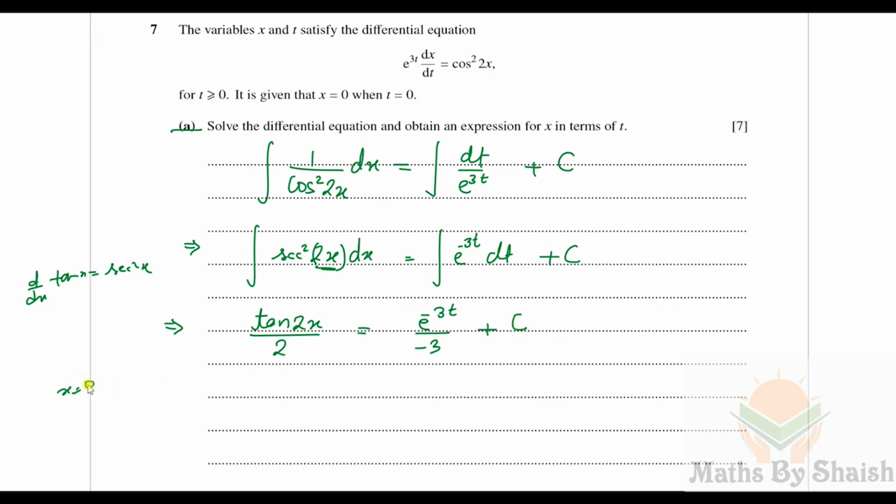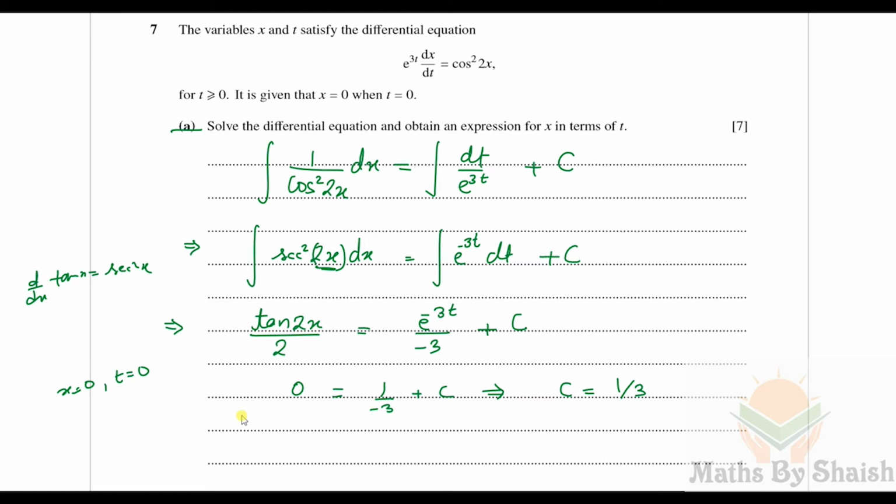Now we'll put x is equal to 0 when t is equal to 0, and we'll get tan 0, which is 0, is equal to e raised to the power 0, that is 1 over minus 3 plus c, and hence we got c as 1 over 3.